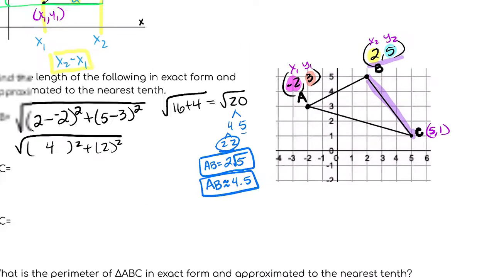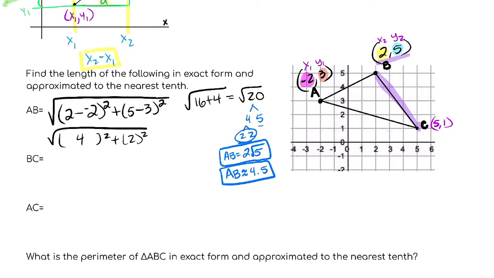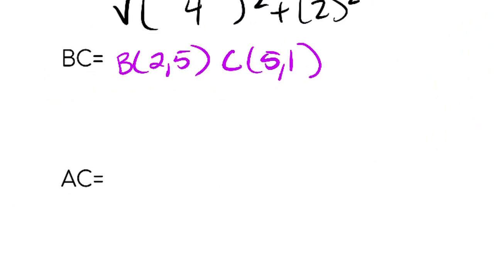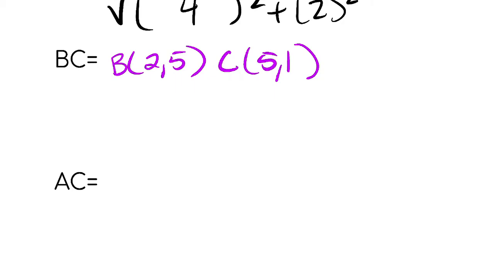And I'm going to write these down over here where BC is. So B, 2, 5, C, 5, 1. I'm going to zoom in. I'm going to call this my X1, Y1, my X2, my Y2, and I'm going to fill that into the distance formula.